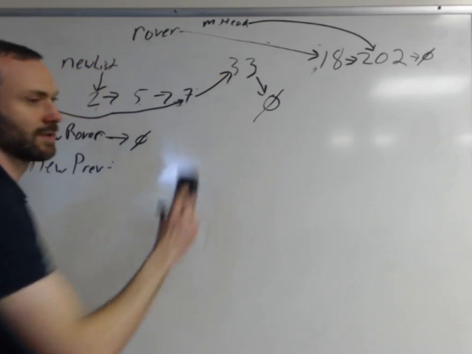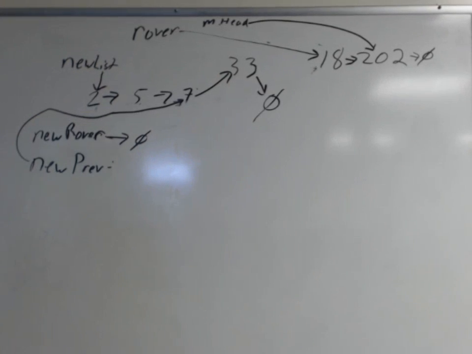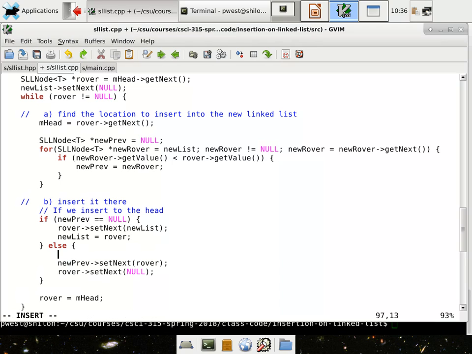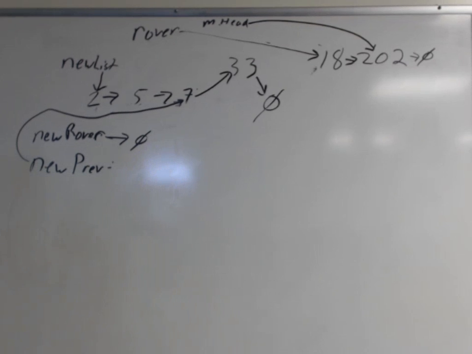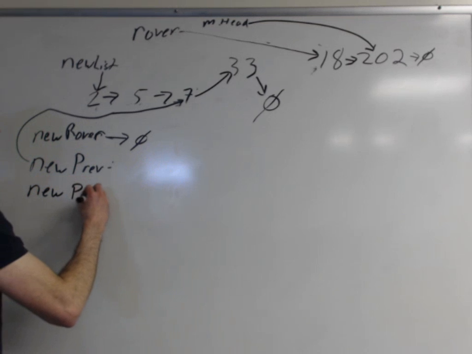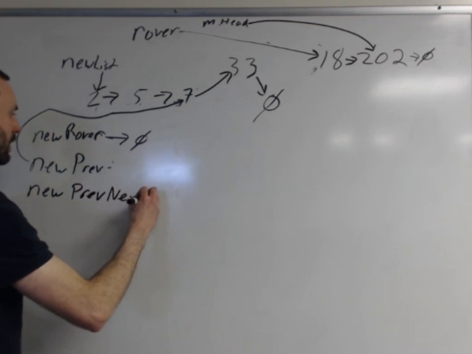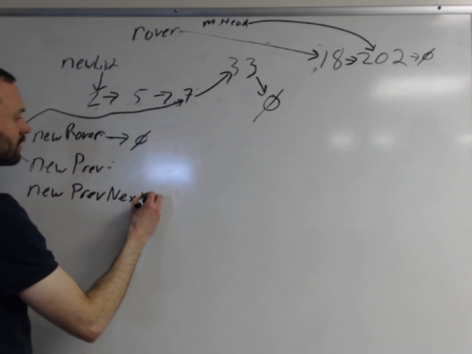Because we need to save this link. So the easiest way to do this, in my opinion, is just create the link again. We'll call it new prev next, which is equal to, of course, new prev get next. Now that we've had new prev next, it is going to point to where new prev's next is.